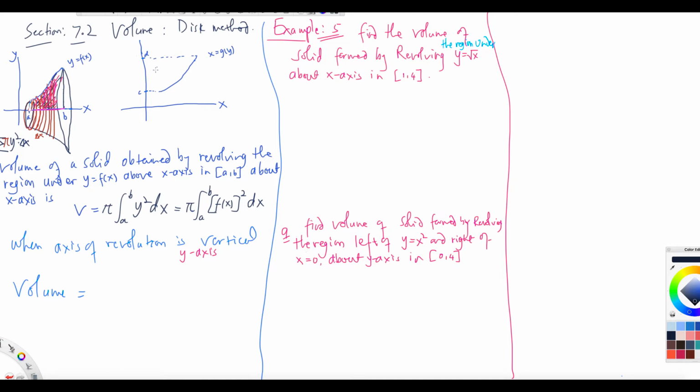Okay, now on this second figure, I want to rotate about the y-axis. I want to revolve this region about the y-axis. How does that look? If you revolve that, then that part will be here and this part will be here.